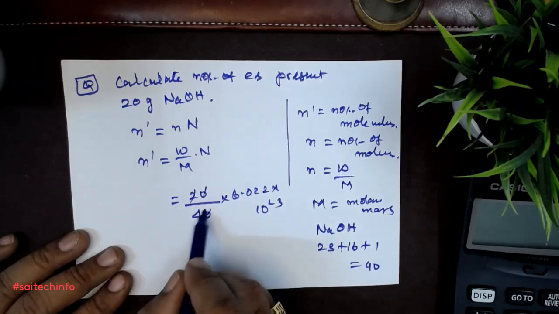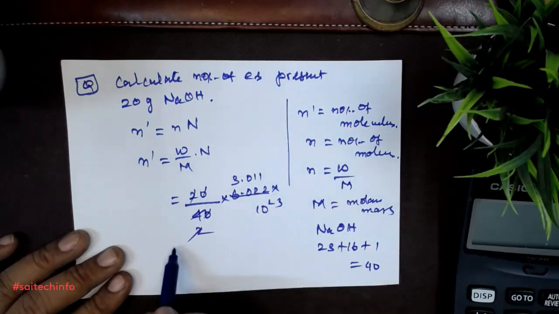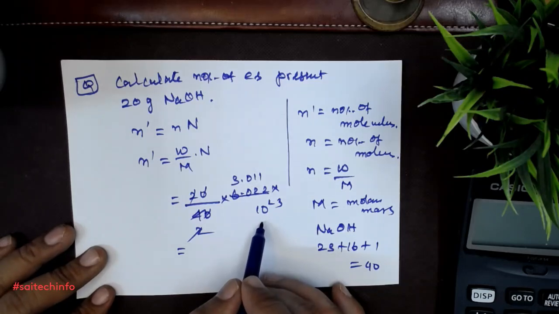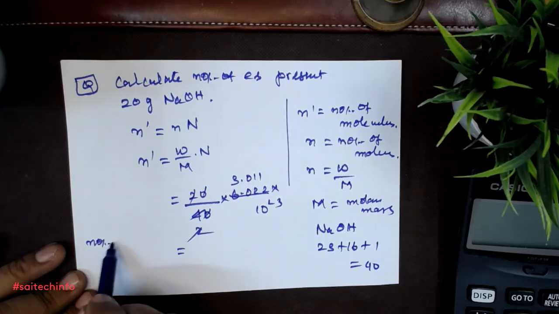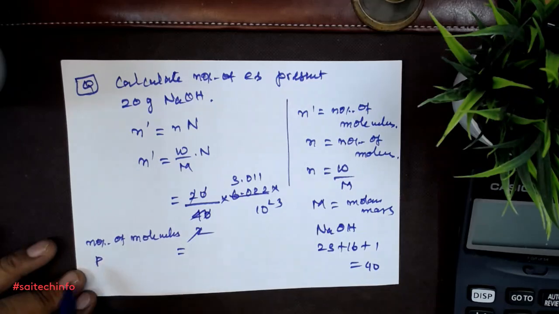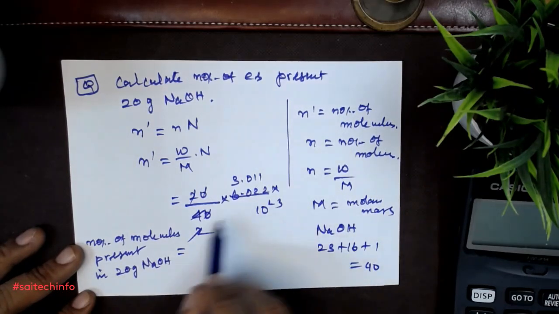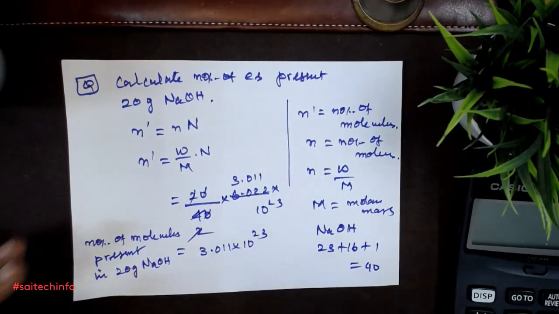So 3.011 is the number of molecules present in 20 gram of sodium hydroxide. Take down number of molecules, not electrons. First we are calculating molecules. So this is 3.011 into 10 power 23. This we have found out.